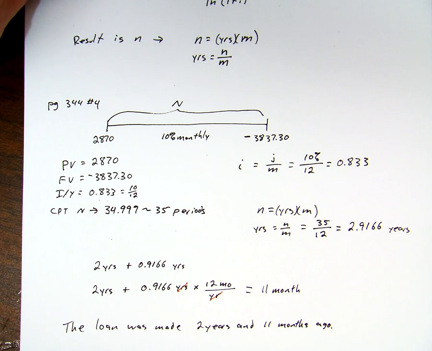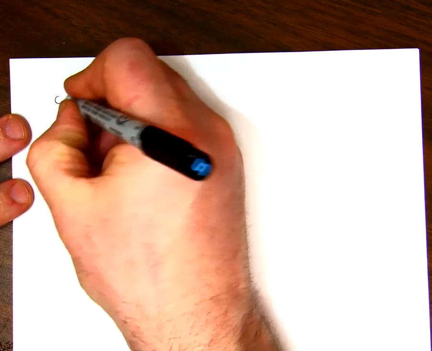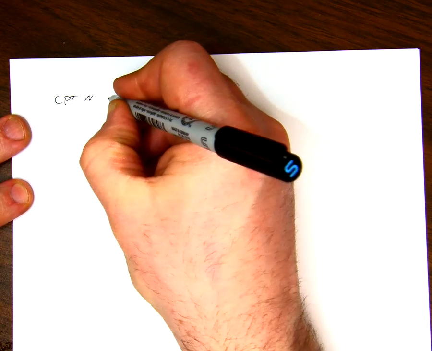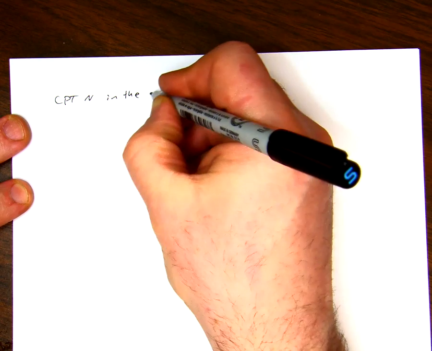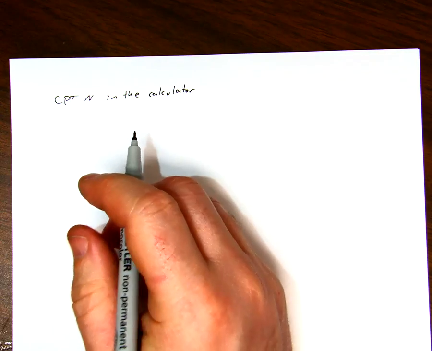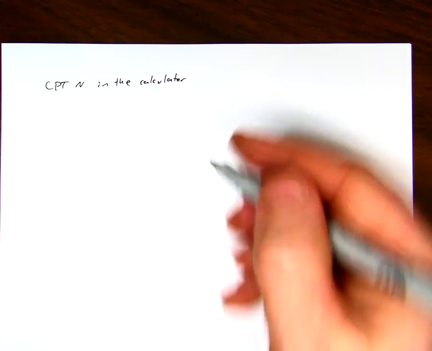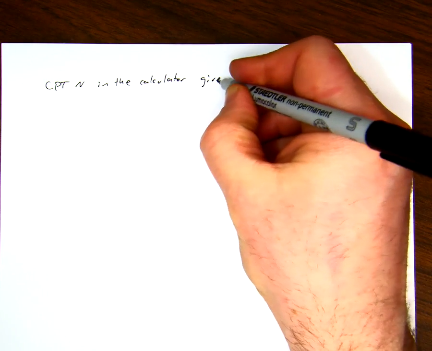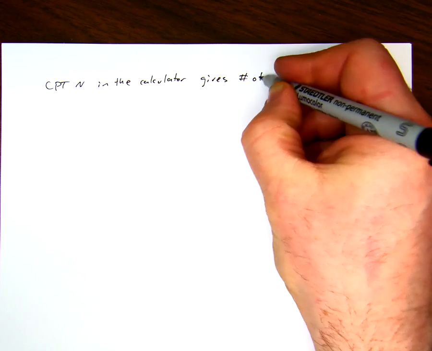So the big thing for calculating n is that computing n in the calculator gives us a value of periods, the number of periods.